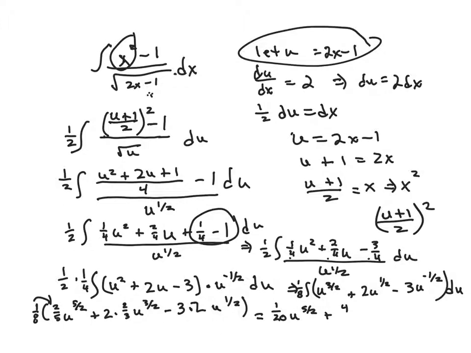U to the 3/2, and then that's going to be negative 6, so minus 6 u to the, forgot, 3/2, so 2/3. So I have to multiply this by 2/3. 6 times 2/3 is going to give me 12 over 3, which is 4.